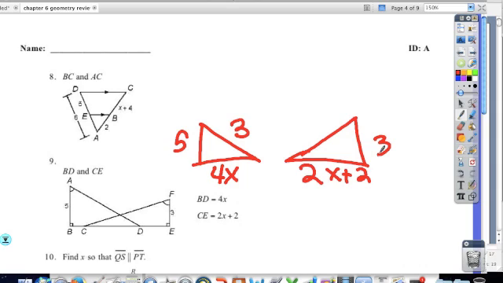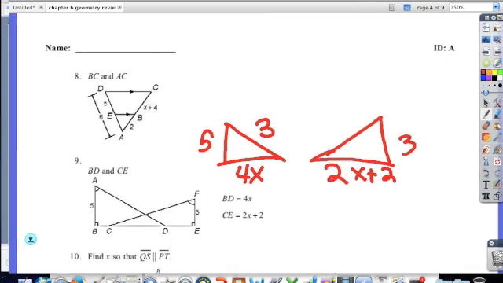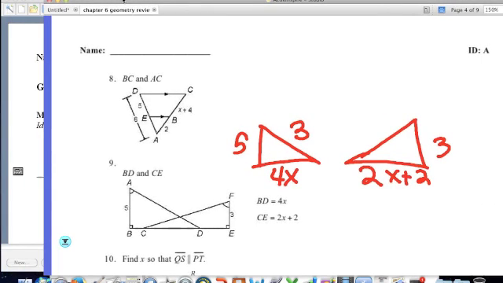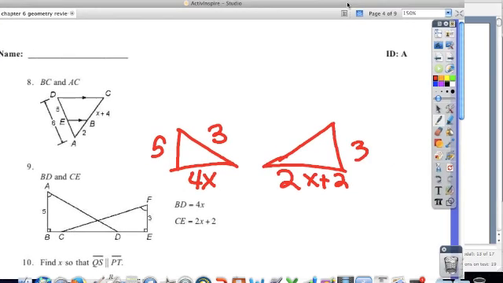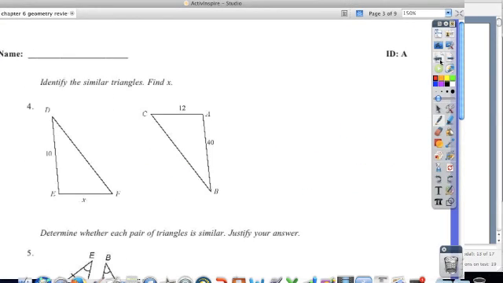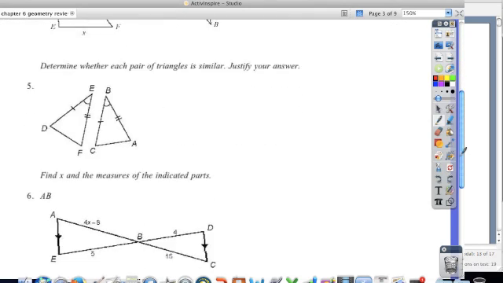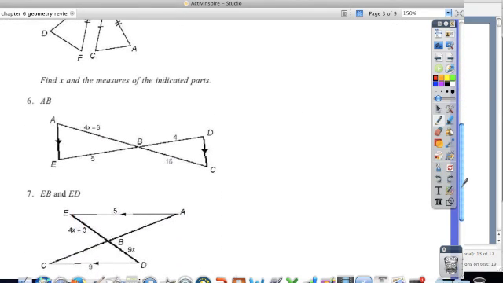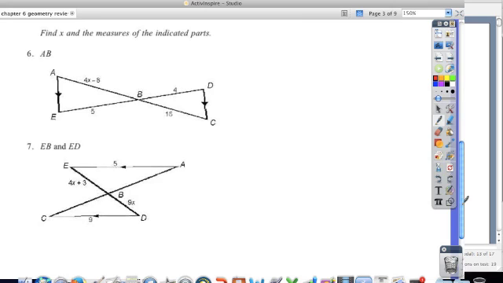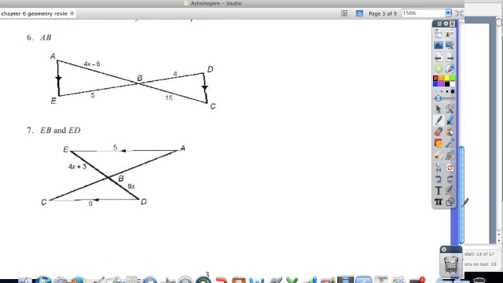Now, somewhere in these directions earlier on a different page, did it say that these were similar or something? Find the measures of the indicated parts.